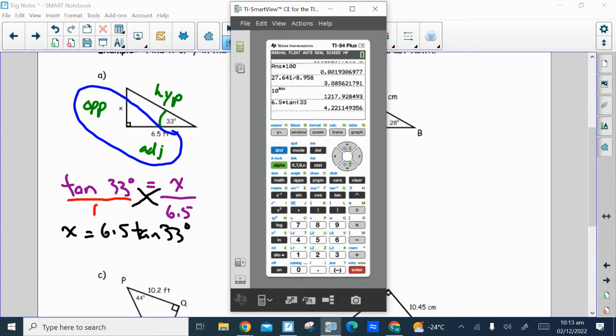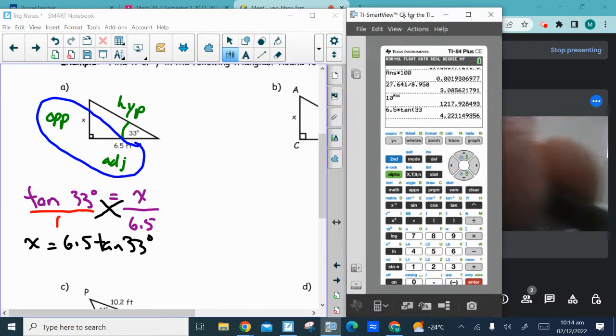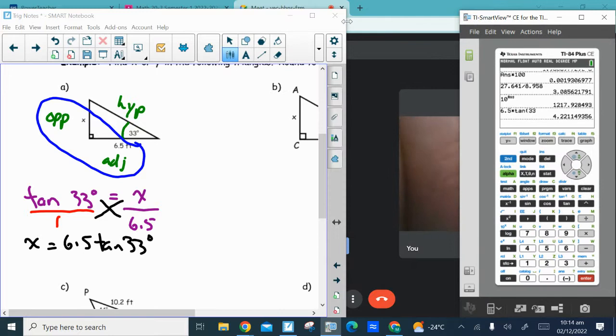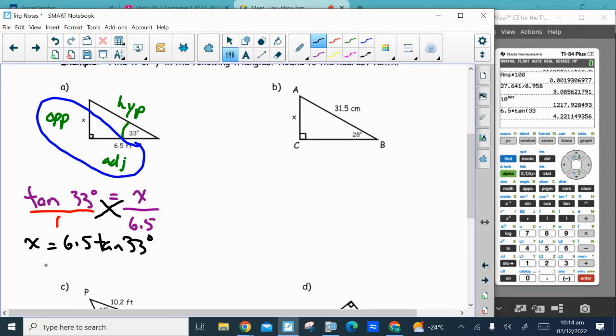That's what you should get if you're doing it on your calculator. Okay, so there's x, approximately 4.2, and that would be in feet because the adjacent side is in feet as well.